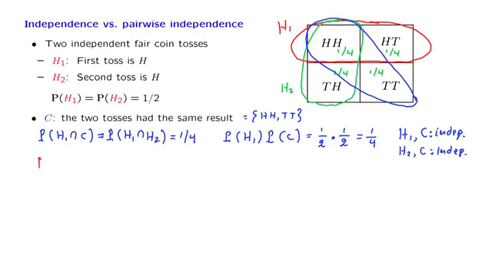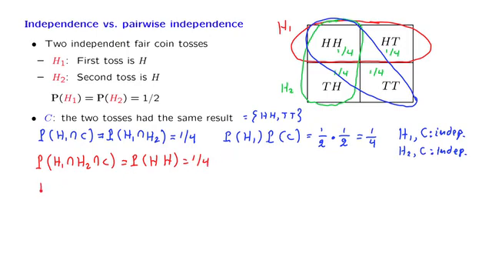So the probability of all three events happening, this is the probability that H1 occurs and H2 occurs and C occurs. What is this event? Heads in the first toss, heads in the second toss, and the two tosses are the same. This happens if and only if the outcome is heads followed by heads, and this has probability 1/4.